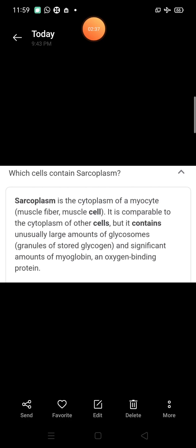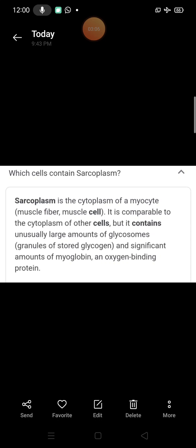One more question regarding the sarcoplasm: which cell contains sarcoplasm? Sarcoplasm is the cytoplasm of a myocyte. It is comparable to the cytoplasm of other cells, but it usually contains a large amount of glycosomes.